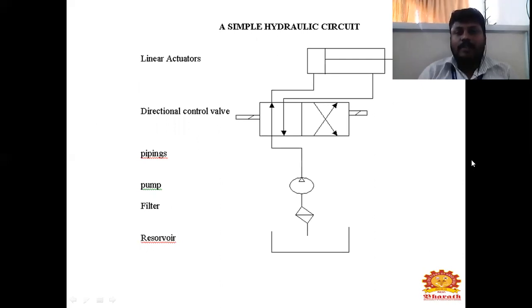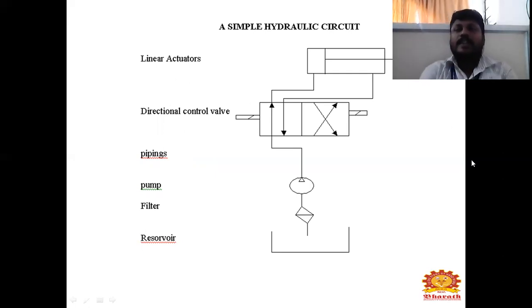Here we will be having a small hydraulic circuit, and first one is your linear actuator, directional control valve, pipings, pumps, filters, and reservoirs. First of all, linear actuator. We have already seen what a linear actuator is. It will be actuating in a single direction.